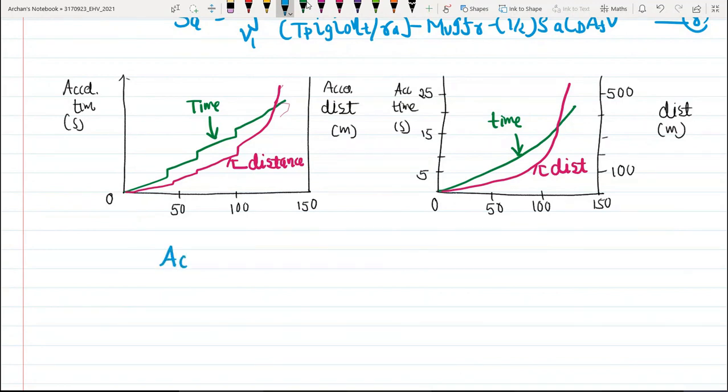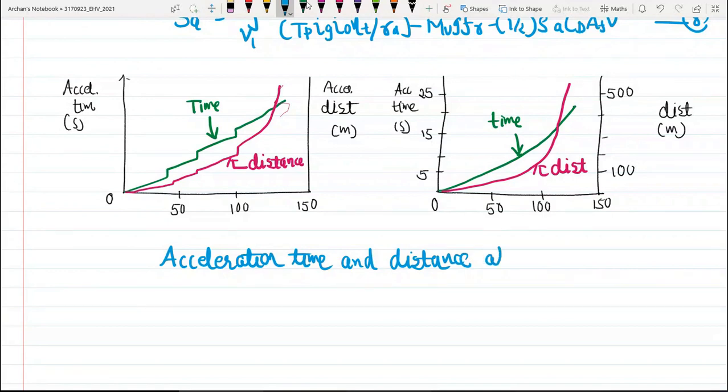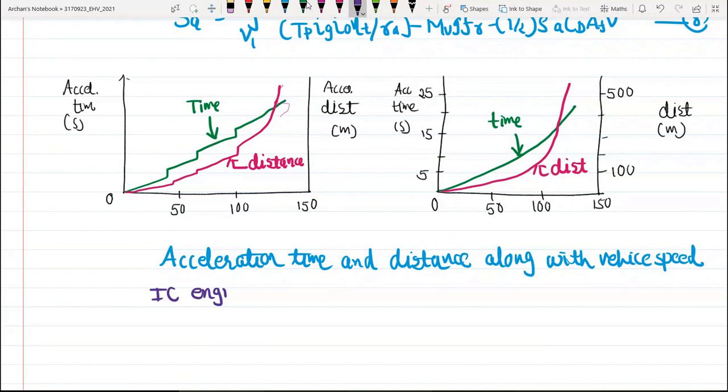So this particular figure shows the acceleration time and distance along with vehicle speed for a gasoline powered or IC engine vehicle or an electric vehicle.